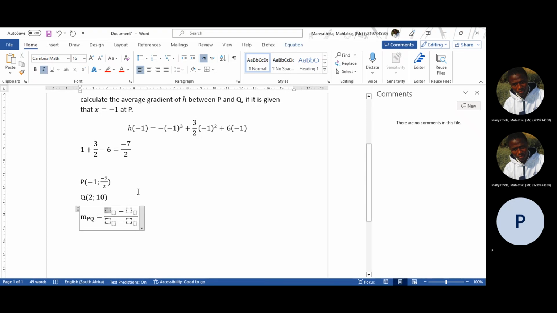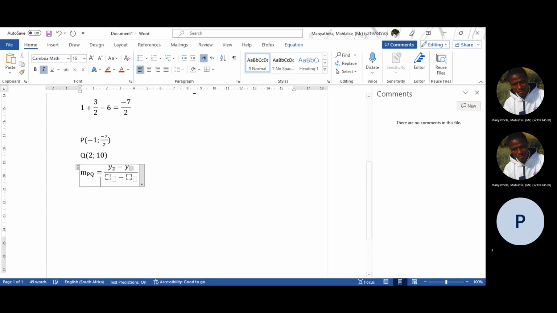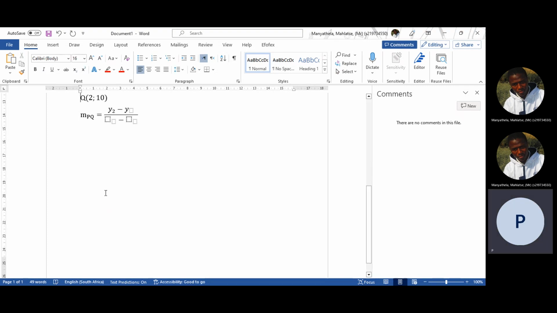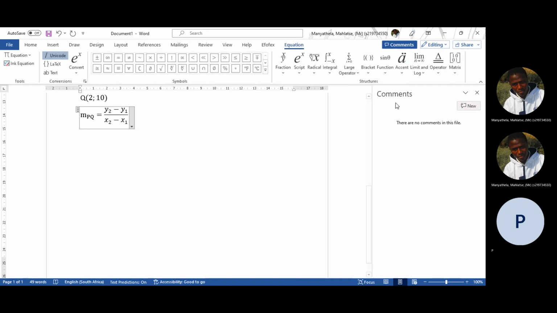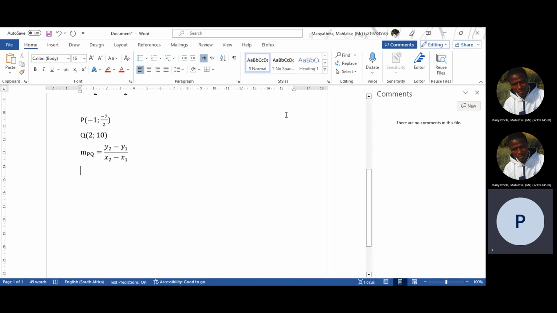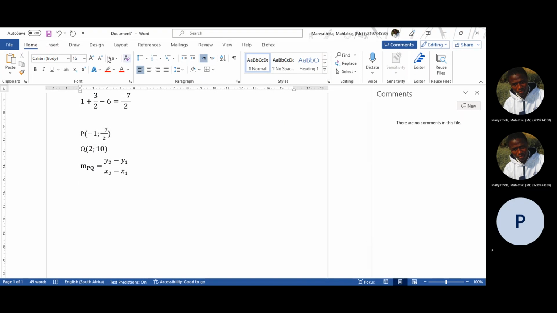So we have y2 minus y1 over x2 minus x1. So okay, let's replace with what we have. We're having the value of P and Q, like the coordinates of P and Q.